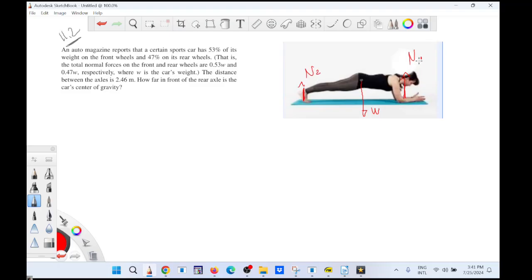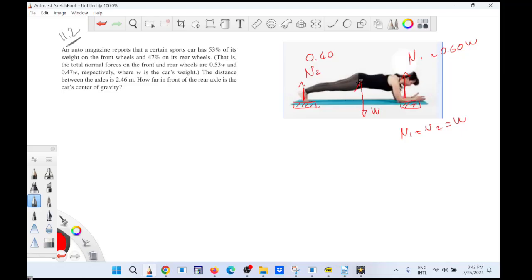So you see that normal force here, you can put a bathroom scale and you will have some reading there. And you can put a bathroom scale here and you have some reading here. And what you can see is that here it will support maybe 60% of your weight, and here it will support about 40% of your weight, right? So it's in equilibrium, which means that up, N1 plus N2 equals W, and then relative to a fulcrum, the axis of rotation, you can take it here, you can take it there, or you can take it there.